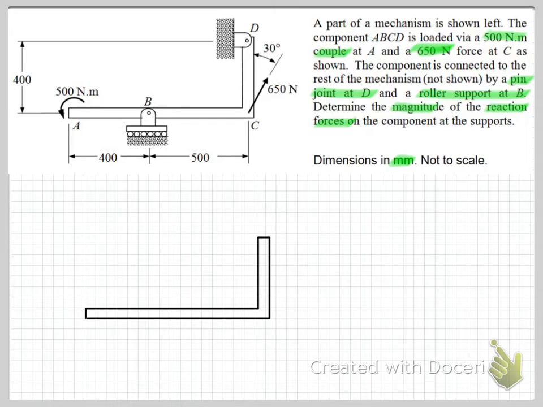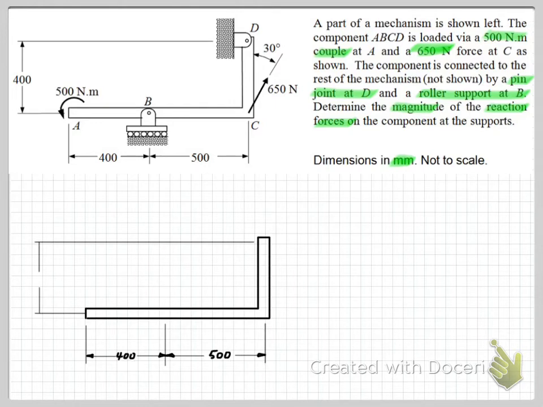We can then put on some dimensions for reference for when we're writing our equations later on. And we should also put on labels for the points of interest, A, B, C, D, where we have loads and support points, and we'll need those for reference when we write our equations shortly.